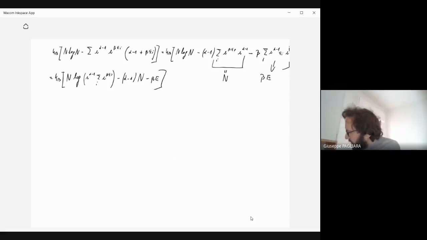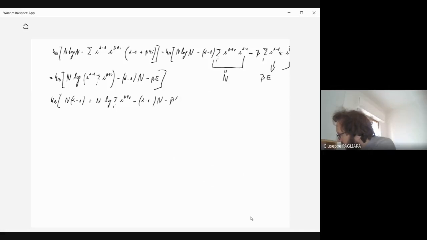And then, of course, now I can write this as n alpha minus 1 plus n log of sum over I of e to the beta epsilon I minus alpha minus 1 n minus beta E, and this drops.